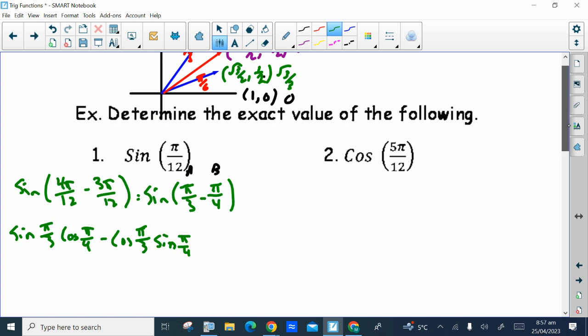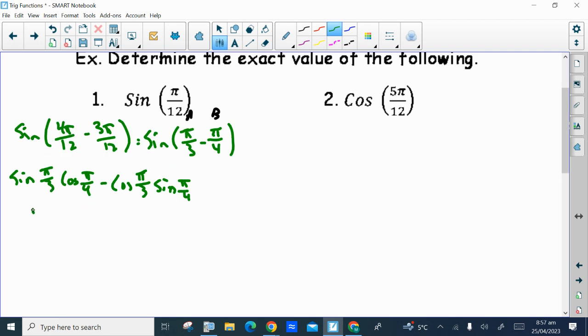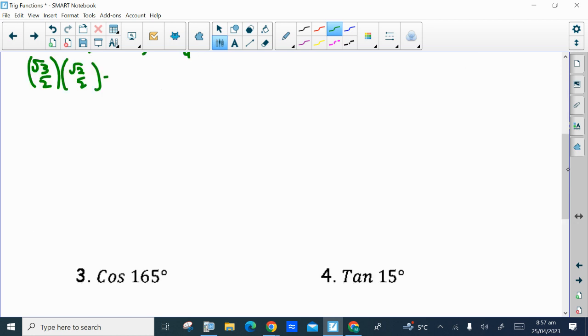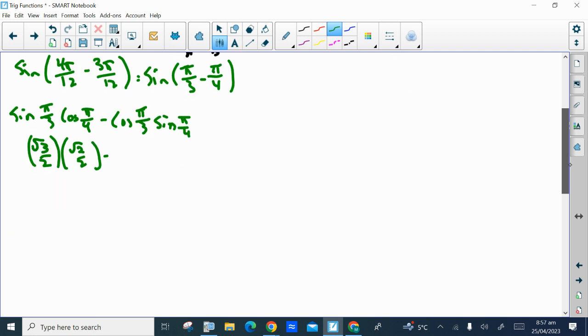So the sine of pi on 3. Sine is the y value, root 3 over 2. The sine and cosine of pi on 4 is root 2 over 2. Minus the cosine of pi on 3, which is 1/2, times the sine of pi on 4, which again is root 2 over 2.